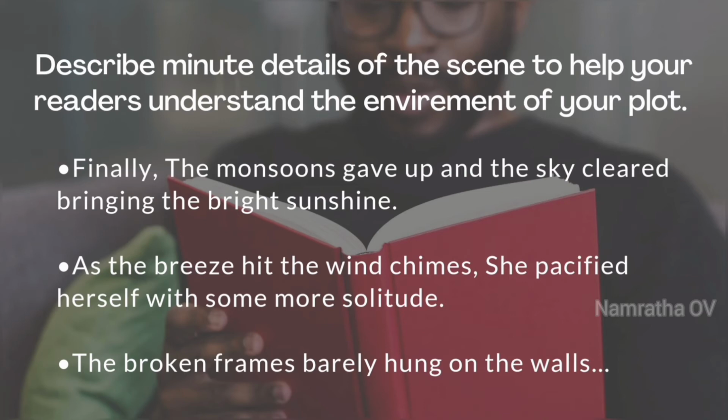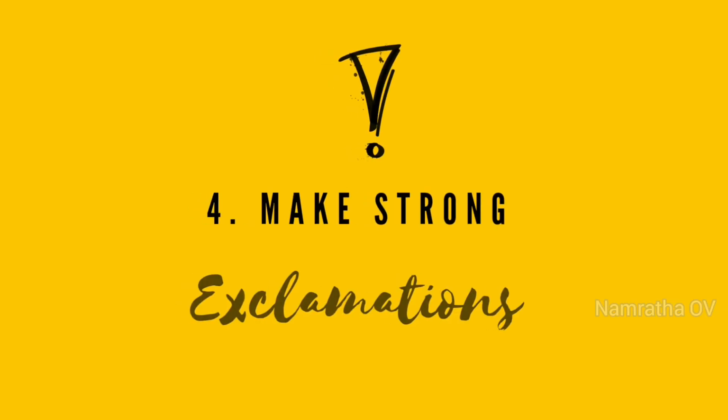The other one, the broken frames barely hung on the walls. So, the sentence can make them visualize the walls of the story. This way, you can write multiple statements which can hook your readers from the beginning of the story itself.